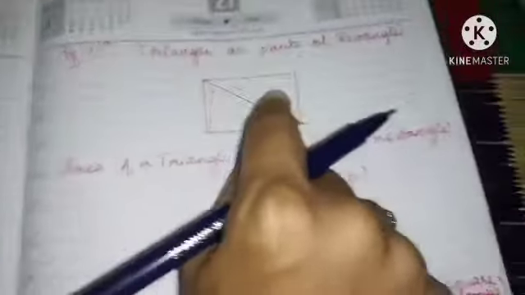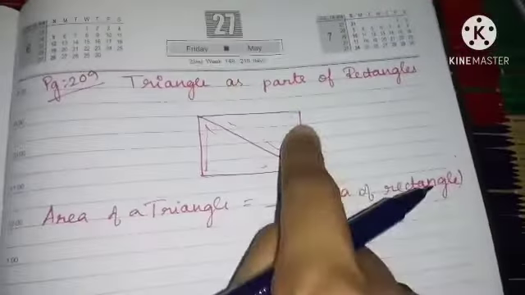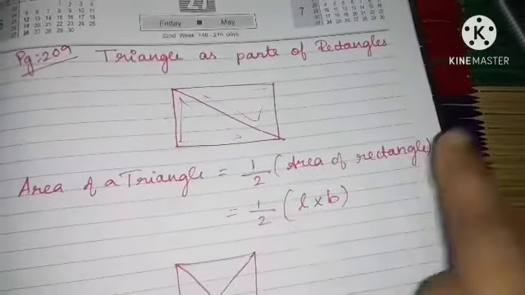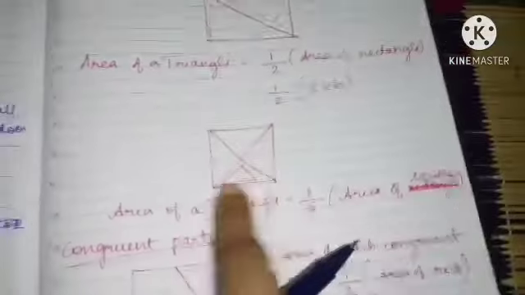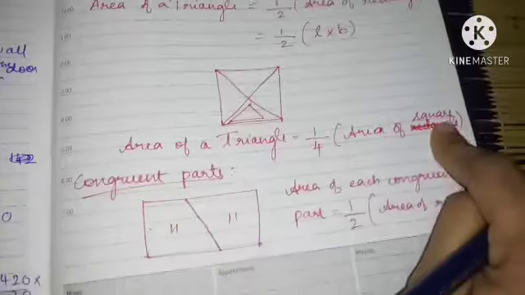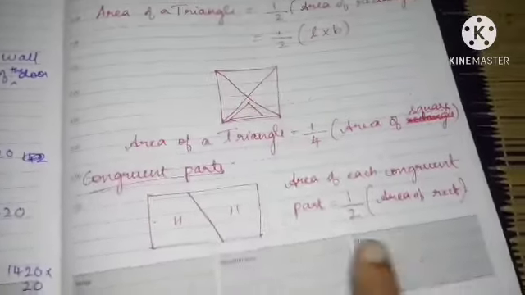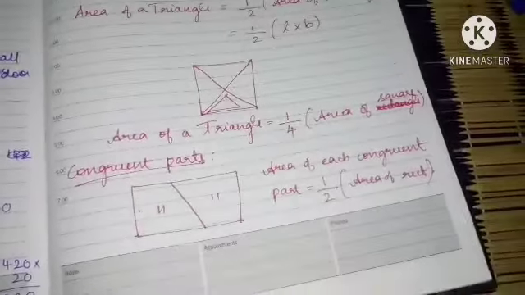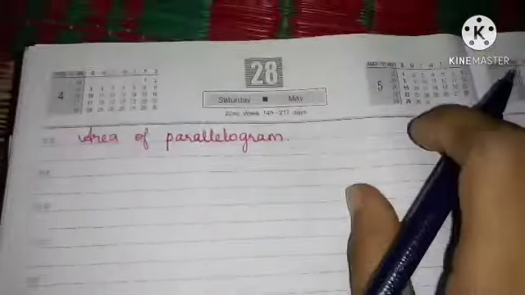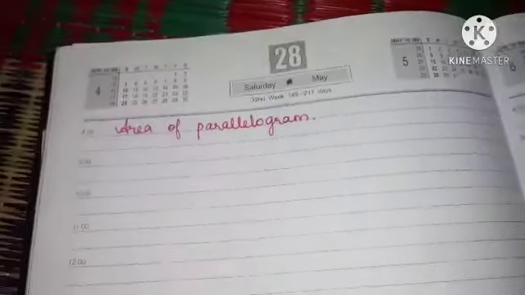When it comes to a square, I am dividing it into four, so the area of a triangle will become a quarter of the area of the square. When it comes to congruent shapes, it divides into two, so half of the area of the rectangle. Understood?